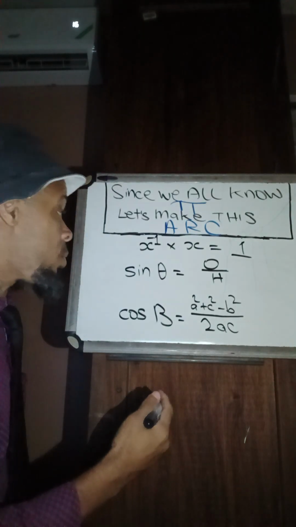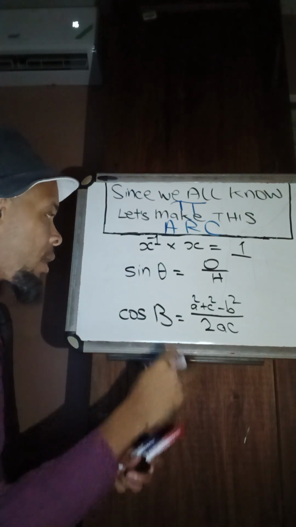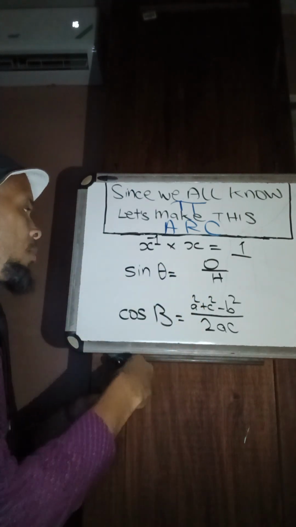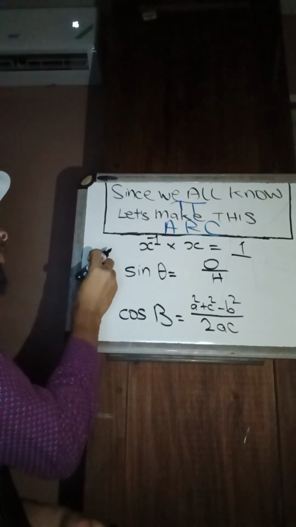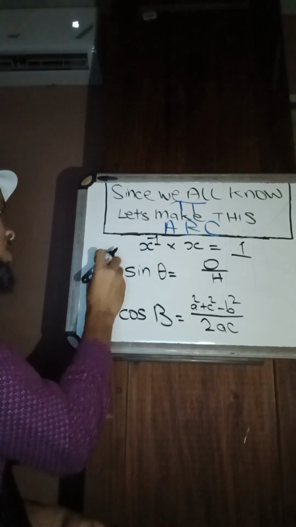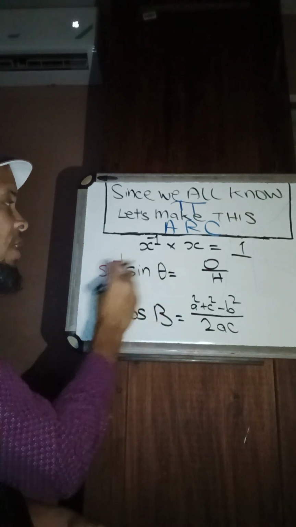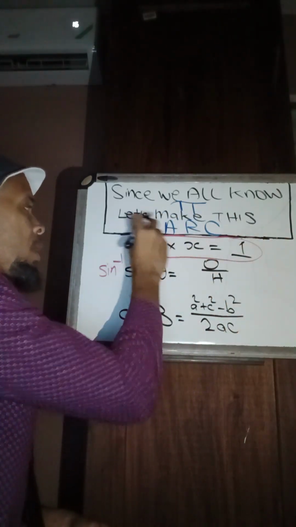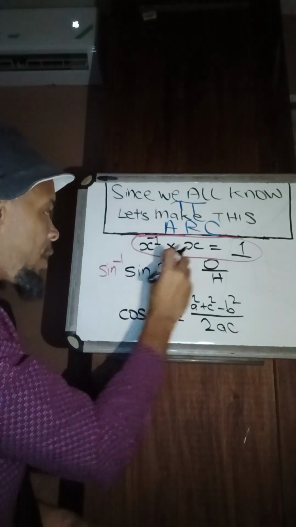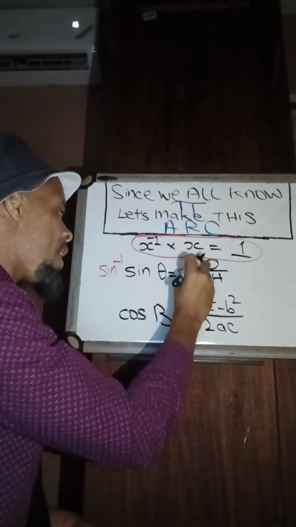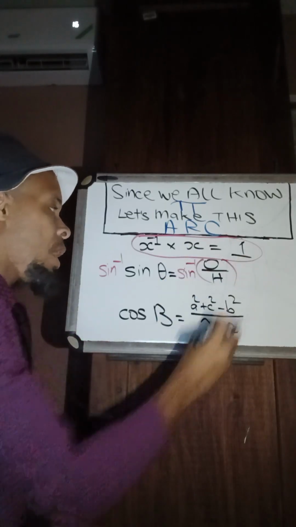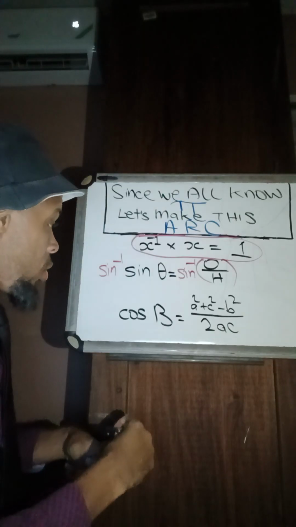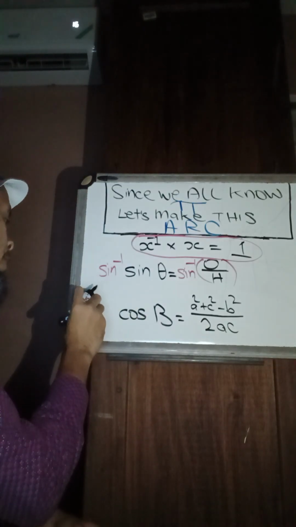Now, if that is true, then what is happening when you want to find just the angle here? Well, you would be finding the inverse sine of that, just like what you're seeing here. But if you do that to the left, you do it to the right as well.